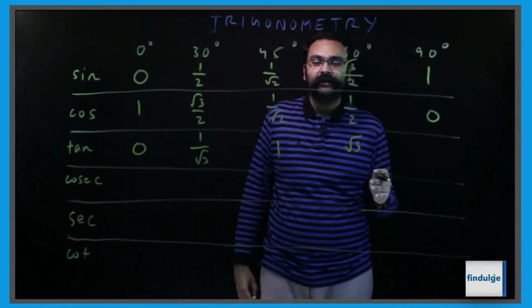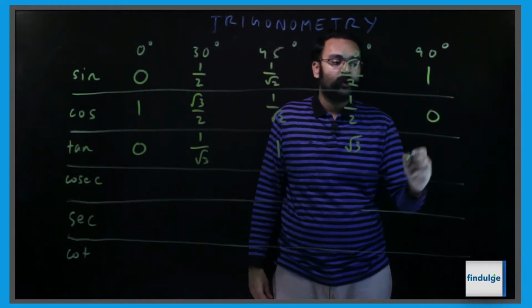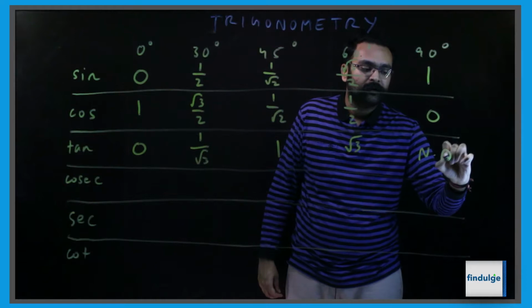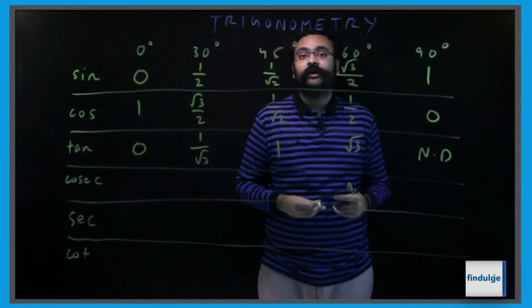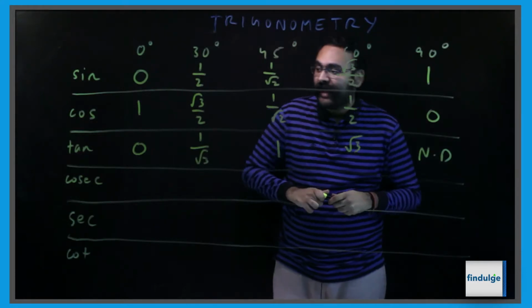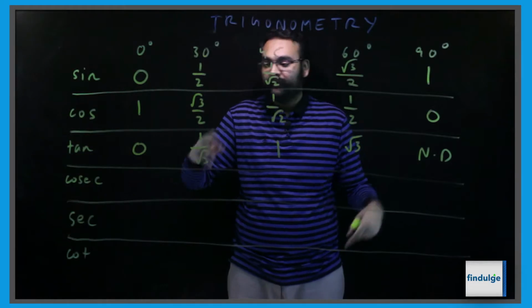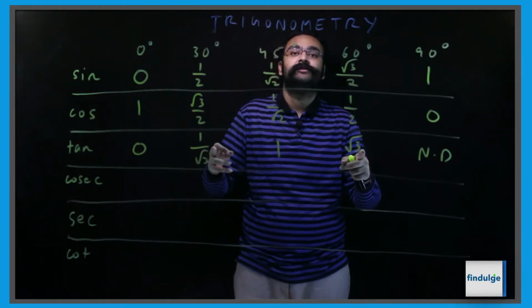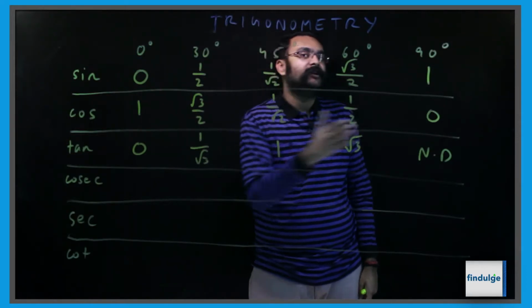And tan 90 is 1 divided by 0 or nothing but not defined. Now, another property of tan you can see is that this is 0, this is 1 by 0. This is 1 by root 3, this is root 3, and of course right at the center you have 1. So you can even remember it like that.